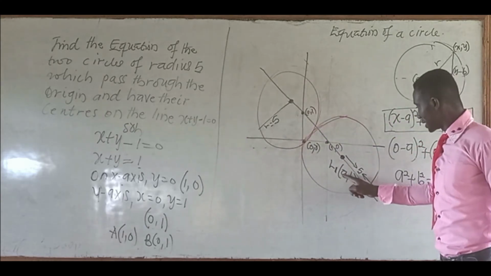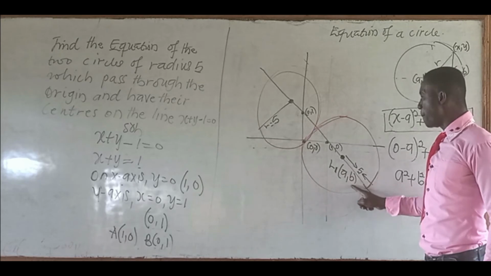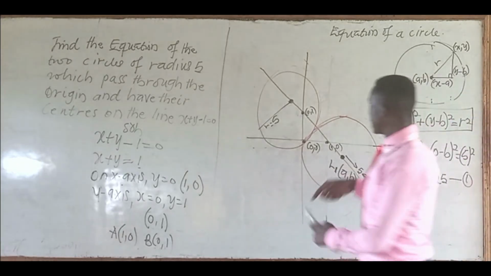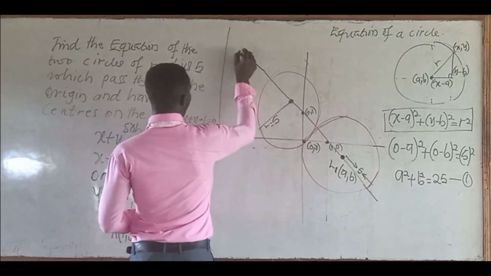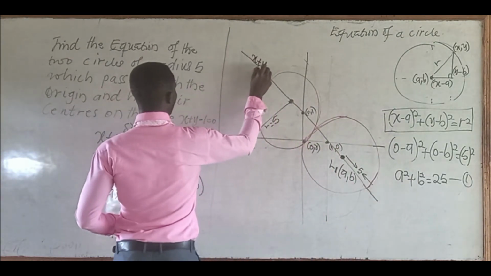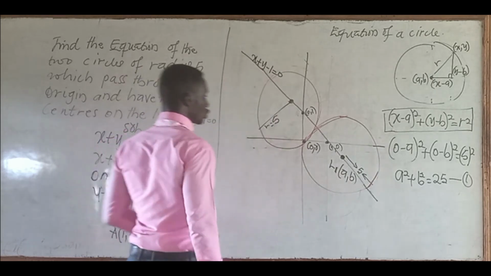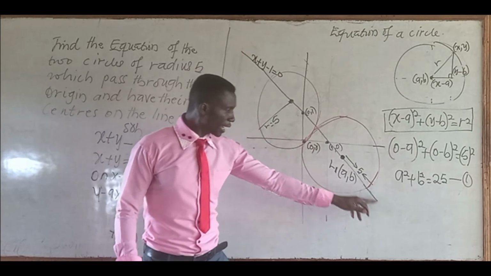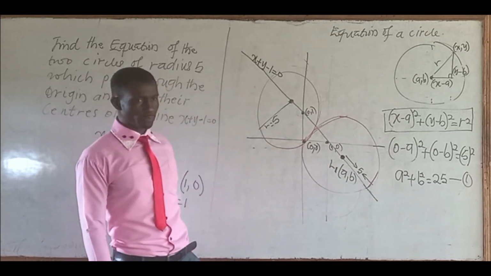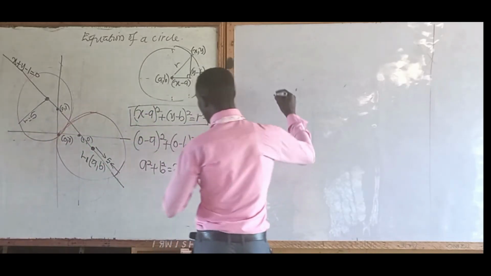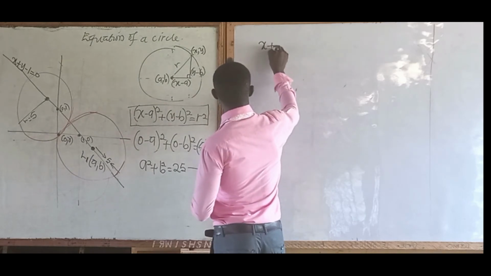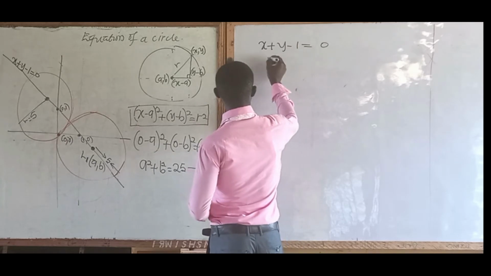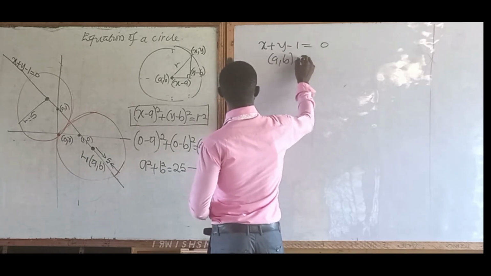It means (a, b) is lying on the straight line, and the equation of that straight line is x plus y minus 1 is equal to 0. So the point (a, b), which lies on this straight line, must satisfy the equation of that line.